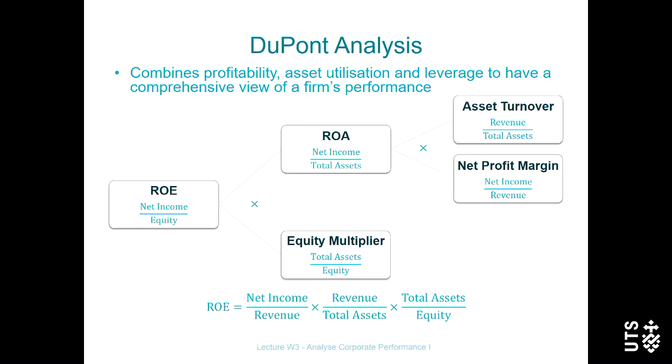You cross out revenue here, and you end up with net income divided by total assets. It tells us how many cents the company is generating in profit for shareholders per dollar invested in assets. The higher, the better.